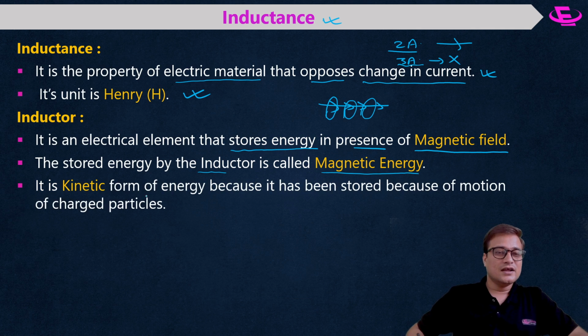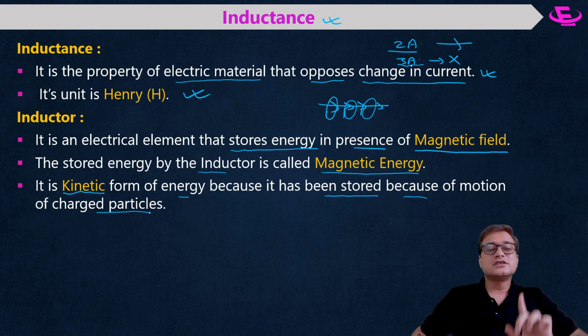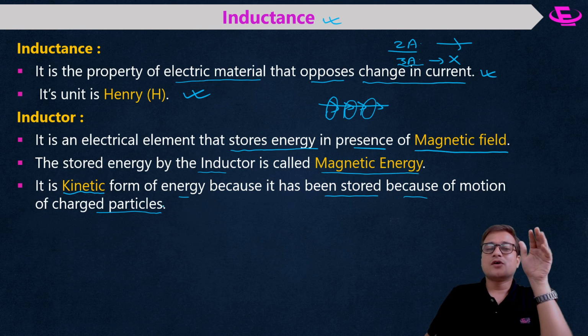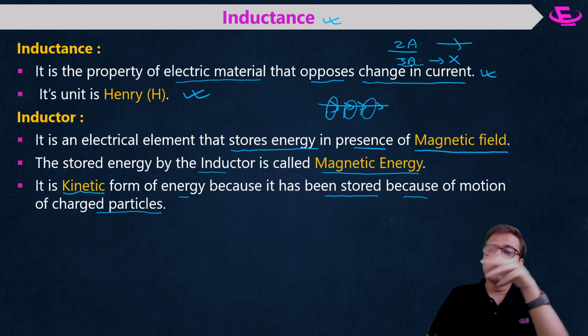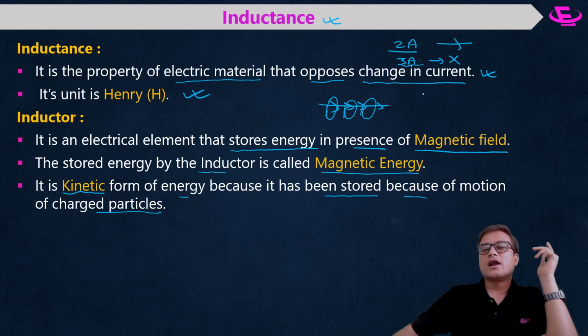And next, this magnetic energy is a kinetic form of energy. Why? Because it is stored due to the motion of charged particles. Current means charged particles are moving.